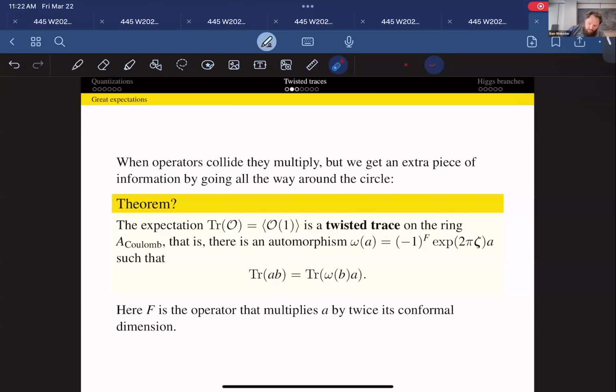All right. So when I reorder operators, I don't quite get a trace, but I get a trace up to this automorphism. So this is what's called a twisted trace. And this is what I like to see as a mathematician, because this is an actual precise thing, right? This is a structure that an algebra has or it doesn't have. And I can actually study it and understand what's going on.